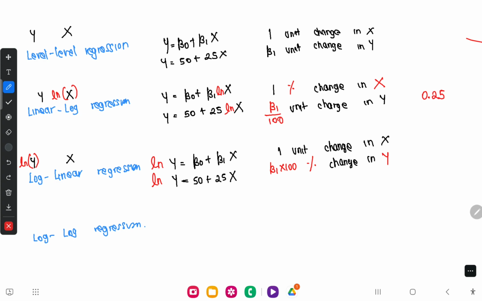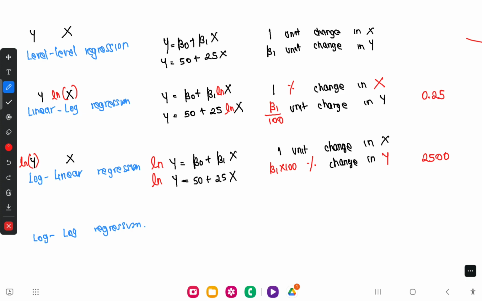So we can say 1 unit change in x will lead to an increase in y by 2500. How did I get this 2500? I had to multiply this 25 by 100. That's also done. Now you all would know how to do this.